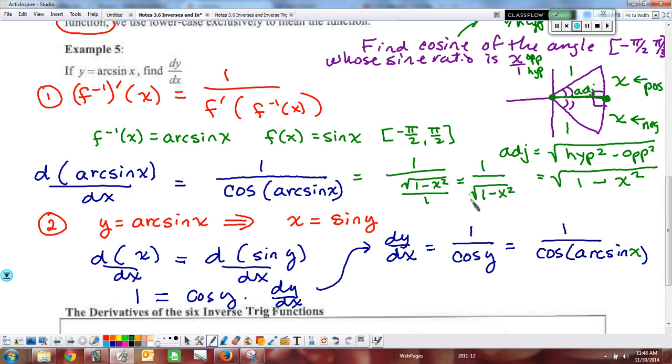It should make sense that this is a positive value because of the square root, because in quadrants 4 and 1 cosine is positive.